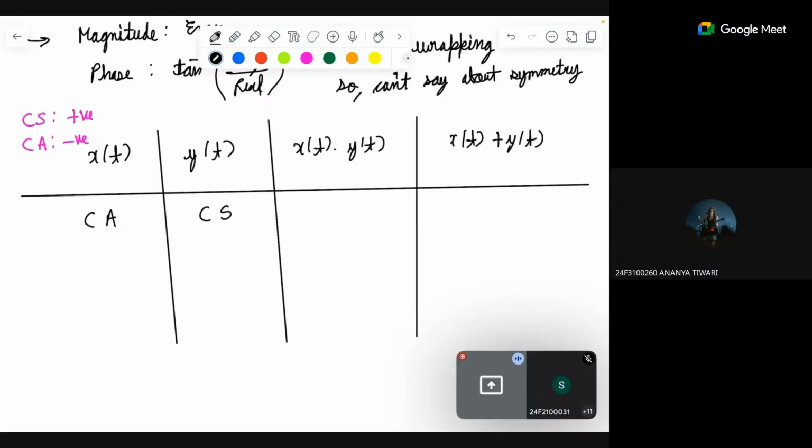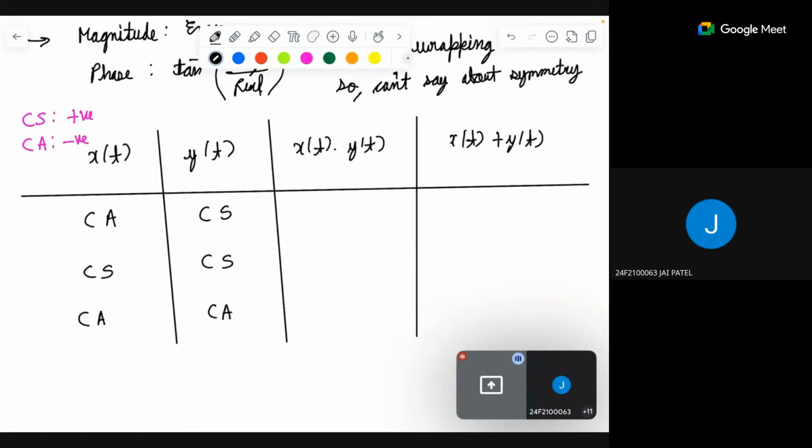So what will their product be? Can someone please unmute and speak for the first case, when x(t) is conjugate asymmetric and y(t) is conjugate symmetric? Then it will be conjugate asymmetric.